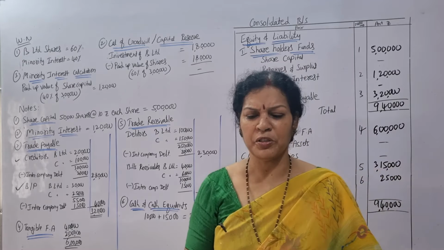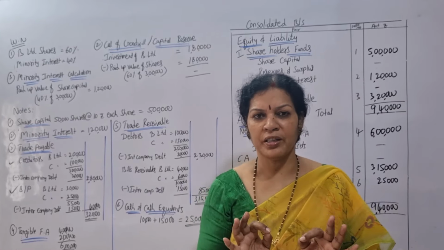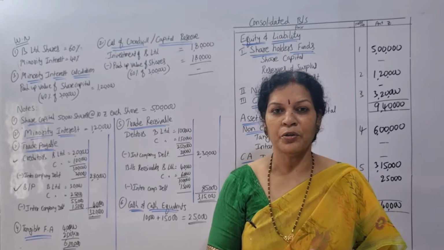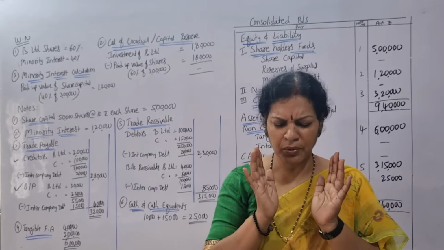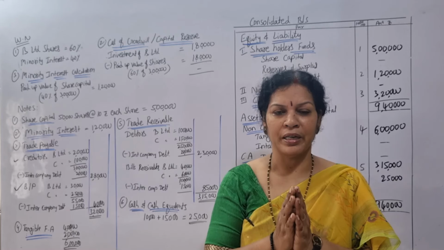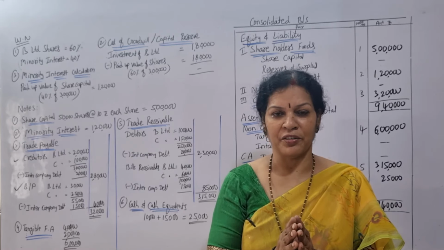Very simple problem. In fact, it's a base problem. The only thing is, in this problem, we got the intercompany transaction. How do we handle the intercompany transaction? Remember only one point. Intercompany transactions are not to be recorded while preparing this comparative balance sheet.